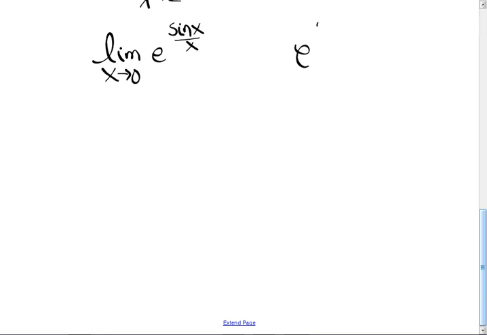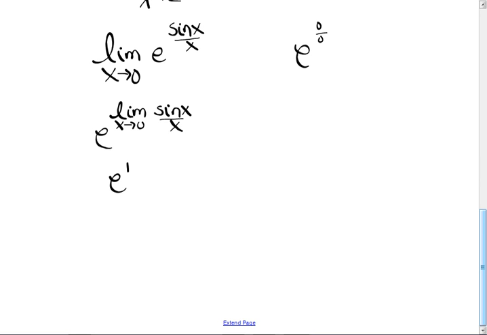So that's e to the 0 over 0. But I can pull this limit operator inside the exponential function. This is the same as e to the limit. It just looks weird because it's up in the exponent, but I can do that. That's what that theorem says. So what's that? e to the what? We know that limit. 1.